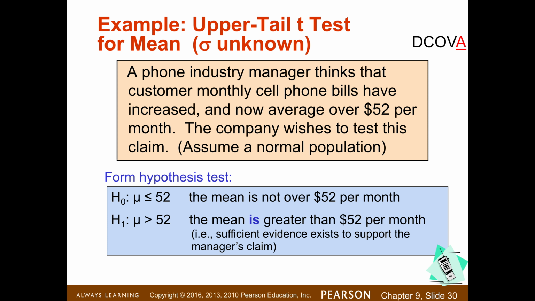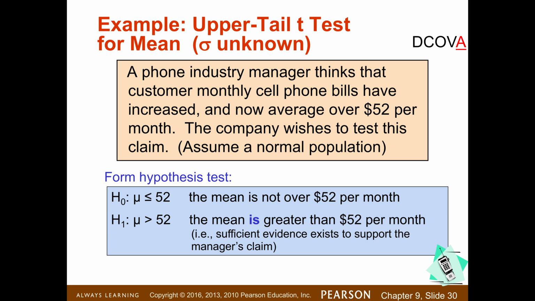All right, let's get into an example. A phone industry manager thinks that customer monthly cell phone bills have increased and now average over $52 a month. So the company wishes to test this, and they are assuming a normal population. Now, assuming a normal population just says you can work with a lower sample size.